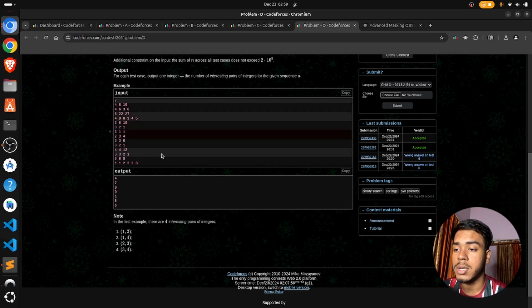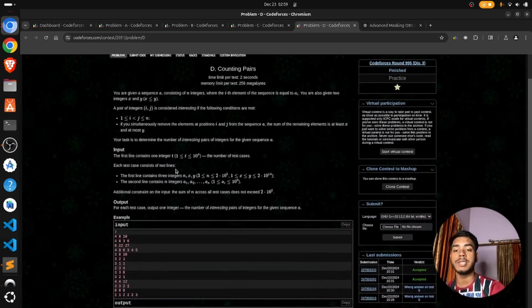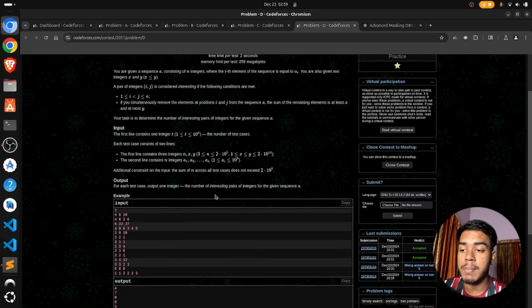So what can be the initial thought of this question? You can simply sort the array. Why? You will ask how you will sort the array.